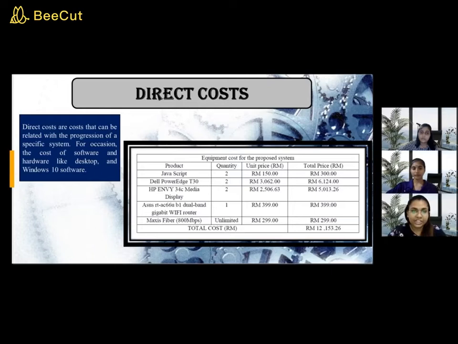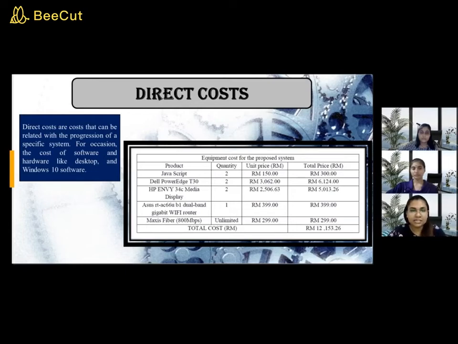Quantity for HP NV 34C media display is 2. Unit price for HP NV 34C media display is RM 2506.63. Total price for HP NV 34C media display is RM 5013.26. Quantity for ASUS RT-AC66U B1 dual band gigabit Wi-Fi router is 1.